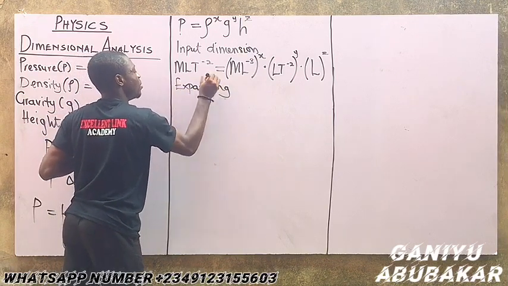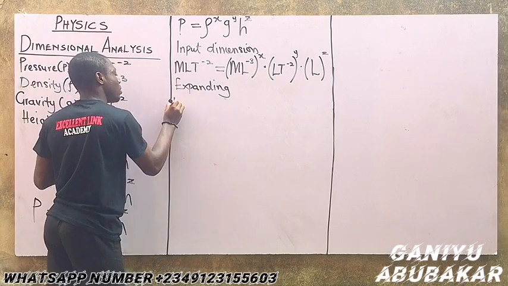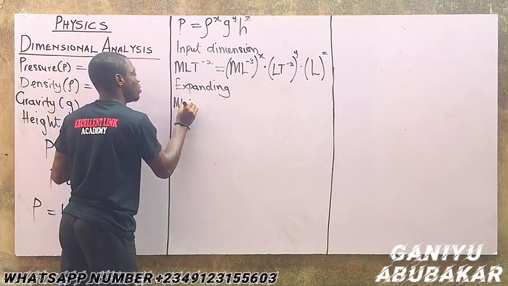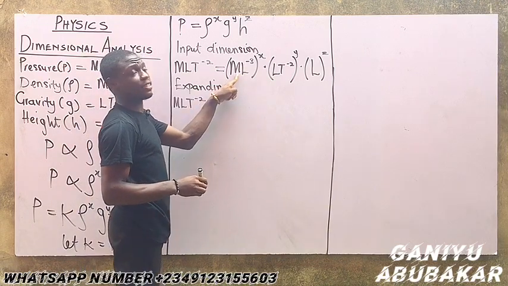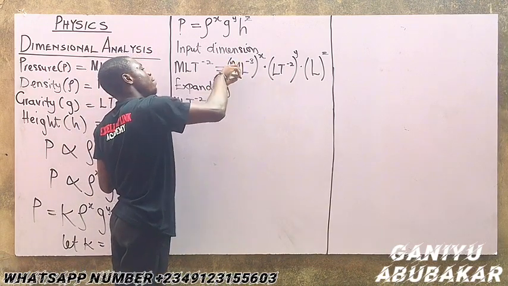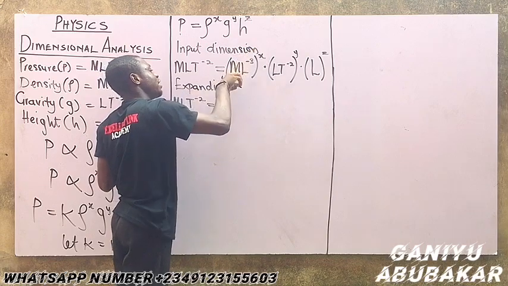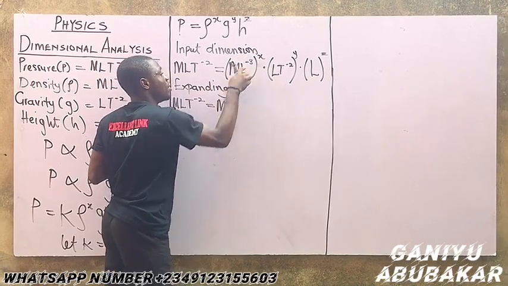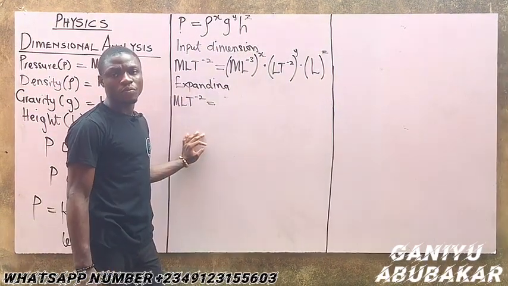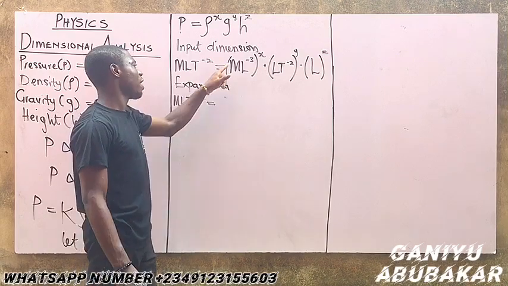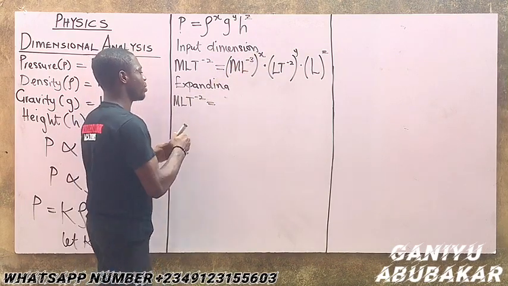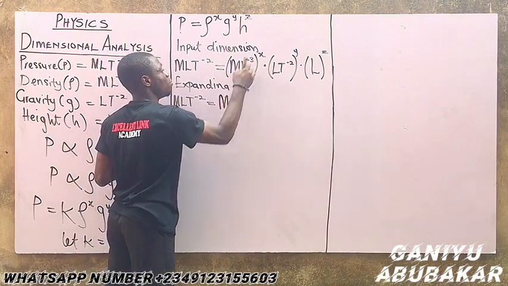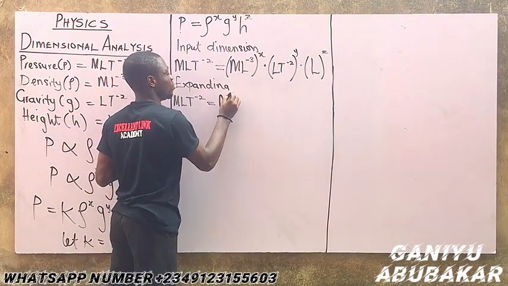Expanding. So if I expand, I'll have what? M L T to the power minus 2 is equal to, from the idea of indices, there's an invisible 1 here. This is 1 times x, which is x. So I'll have M to the power x. At this point, multiply the power here. I'm having M to the power x, attach x to it.